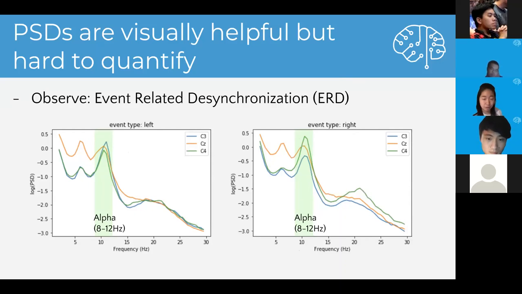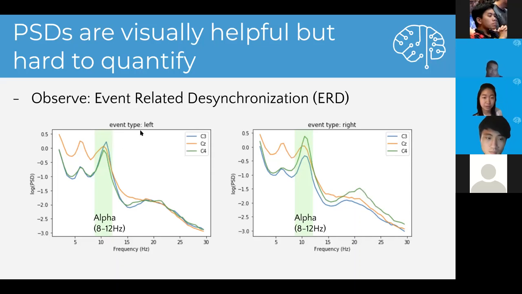So whenever motor imagery happens, that part of the brain sort of desynchronizes, and it lowers the alpha amplitude in those channels. So if you remember that C3 is the left-hand side electrode, just imagine that it's on your left hemisphere. If you think about moving your right hand, then this ERD will reduce the power in the C3 electrode, which is what you see here.